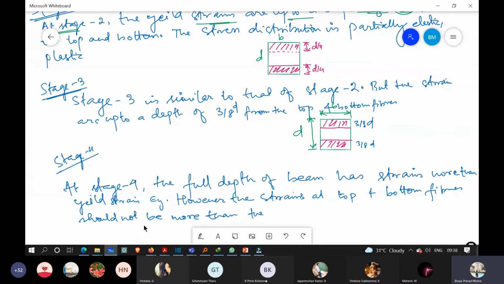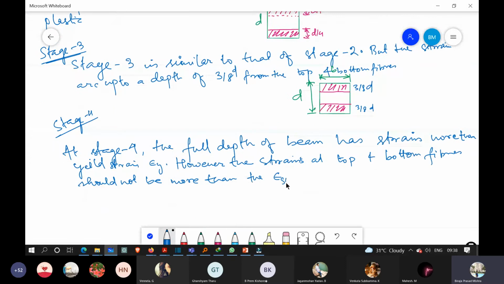It is the strain at the start of strain hardening.